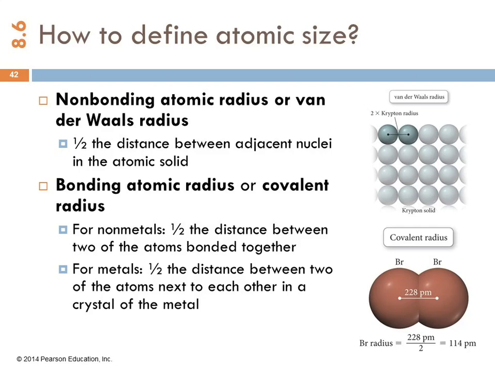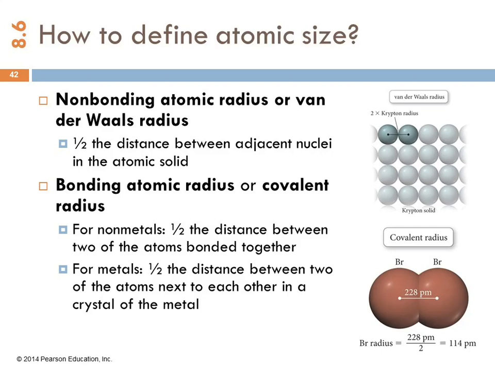So that's one way. Another way is to look at bonding atomic radius, or covalent radius. And so for nonmetals, it'll be half the distance between two of the atoms bonded together. So here we know that bromine forms a diatomic molecule. When bromine atoms bond together, we can measure the distance between the radii, and it's 228 picometers, so you cut that in half, and you say, oh, the radius of bromine is 114 picometers.